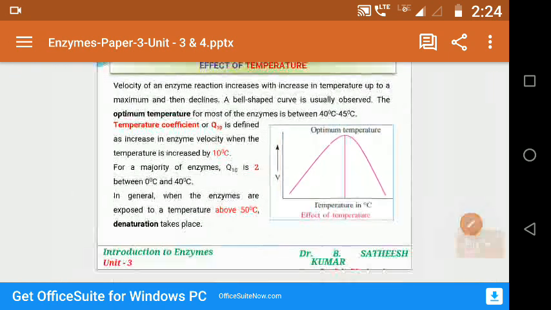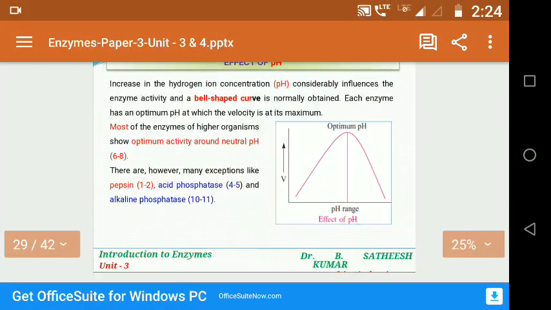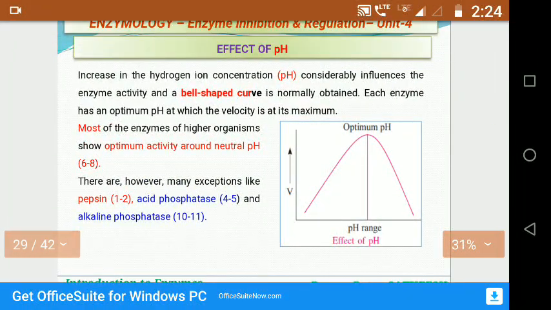And the next factor is pH. The pH is also a very important factor to consider when we are studying the activity of the enzyme, because the enzyme is made up of amino acids.